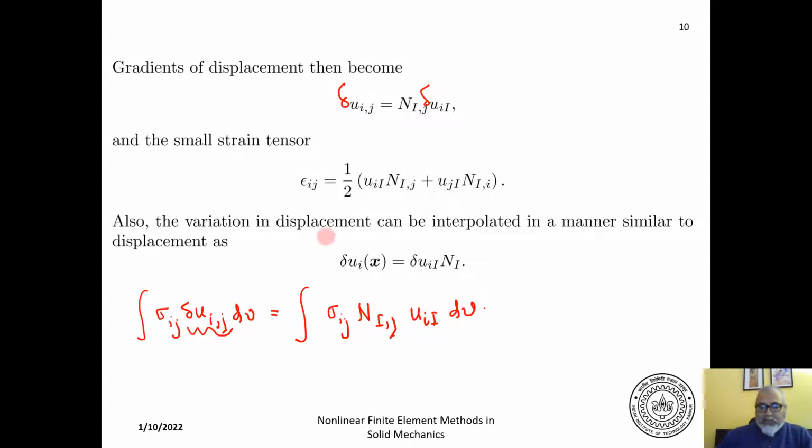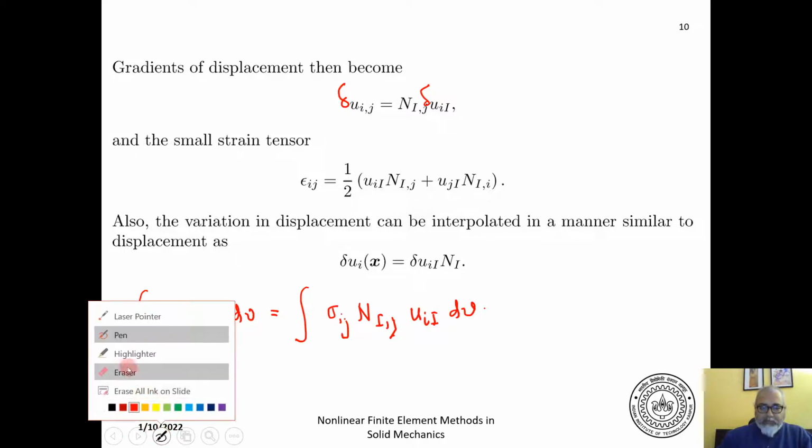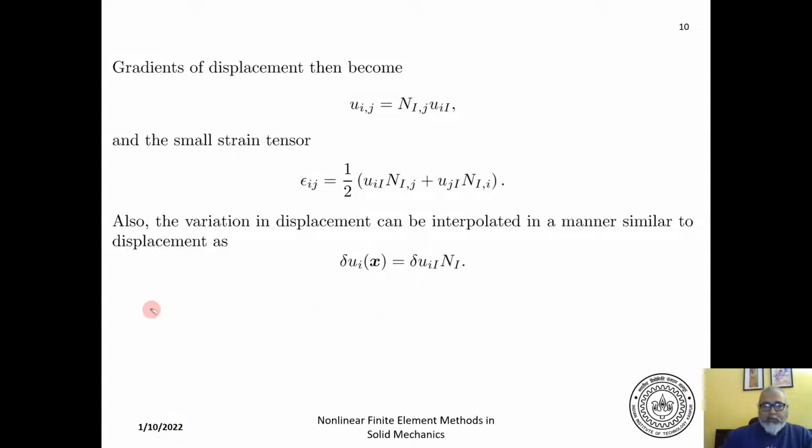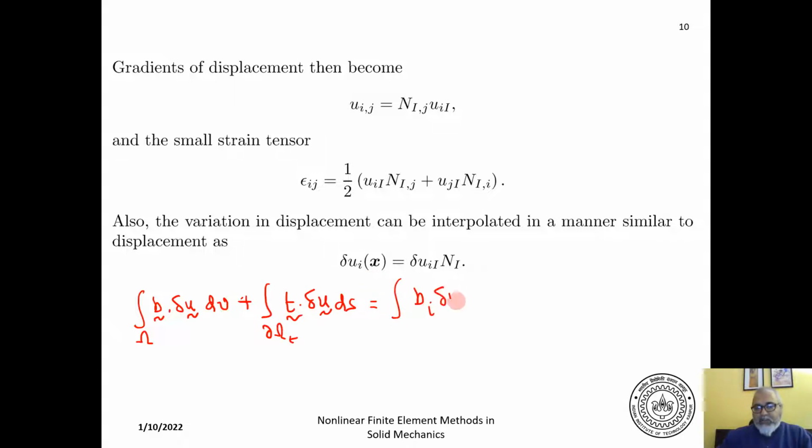Remember, the external virtual work is b dot delta u, which can be written as bi delta ui dv plus ti delta ui ds.